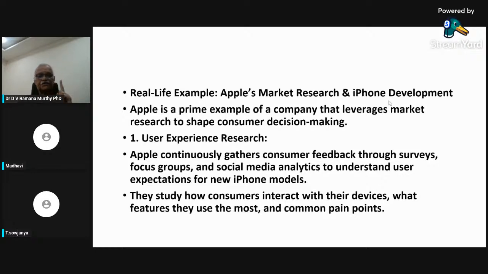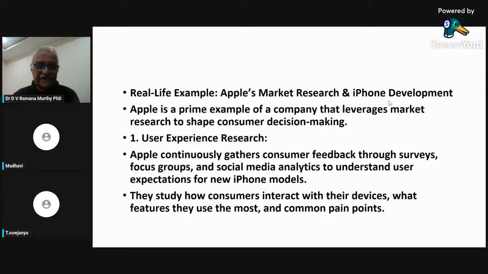One, they use user experience research. That means they go for surveys, maybe focus groups, social media analytics. They try to understand how the user is using it, what are their doubts in their minds, and what are the user expectations, understanding user expectations.